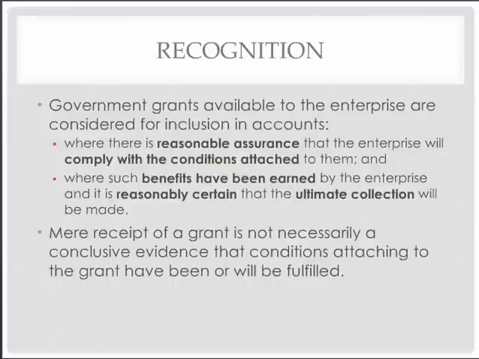Secondly, you should also be reasonably certain that the government will give you the grant promised. Only when you are reasonably certain that you will receive the grant promised by the government, that is, ultimate collection will be made, should you recognize the government grant. Else you should not recognize it.